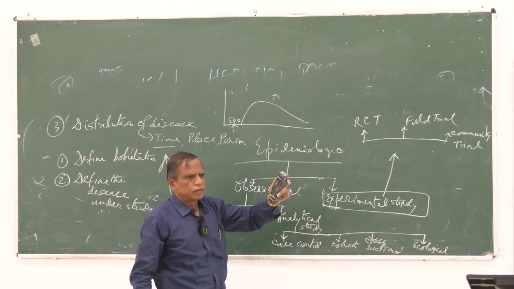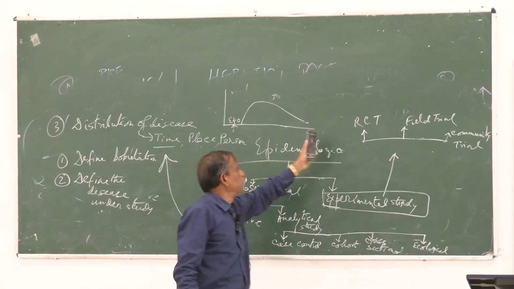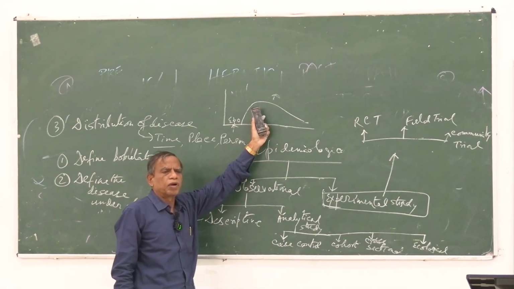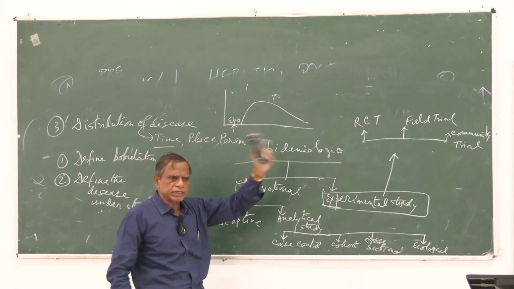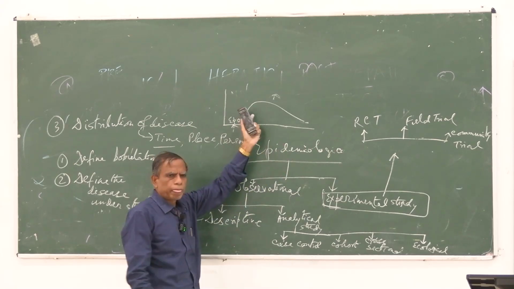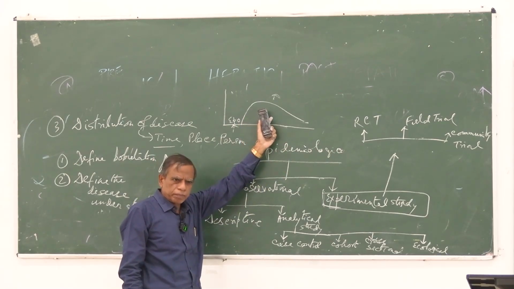If the people of a village drink water from a contaminated well, then there will be repeated exposure and a gradual rise of cases.